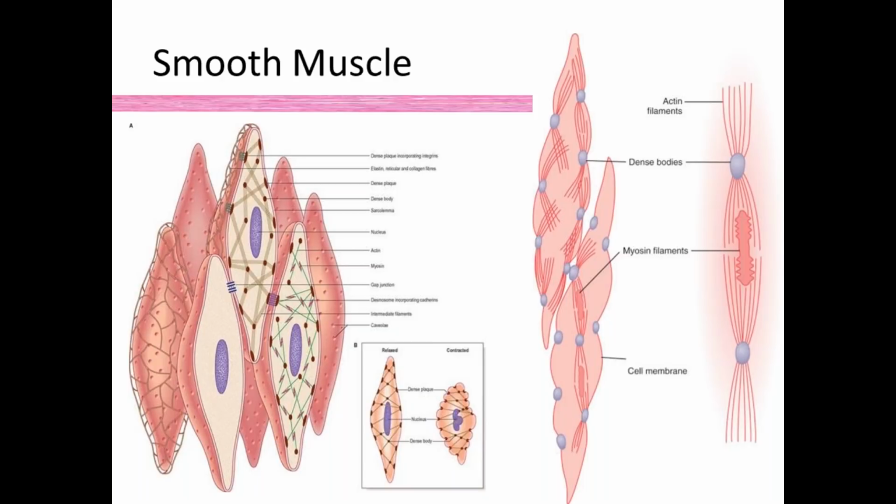So that also adds some complexity. You can see here a contracted cell that is definitely doing a lot more than just one line contraction. So lots of differences in the structure: the gap junctions, the dense bodies, the single nucleus, the single cell talking to a friend. Those are the main ones.